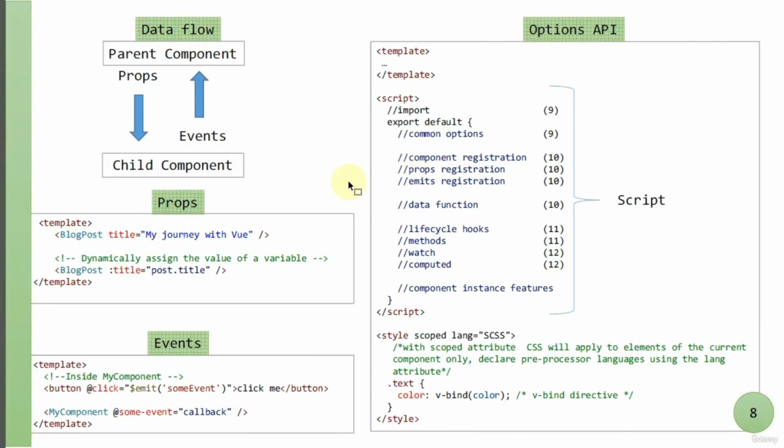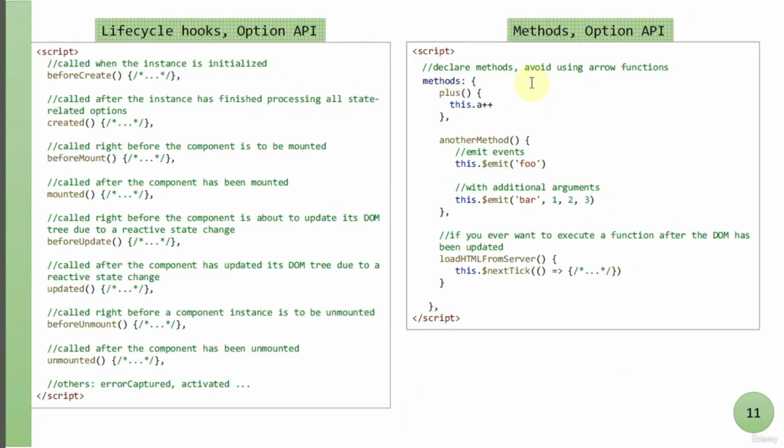In the previous lesson I explained to you a data function. And now I want to talk about methods. Please visit page number 11. OK, and inside methods object you can declare any methods and please avoid using arrow functions.